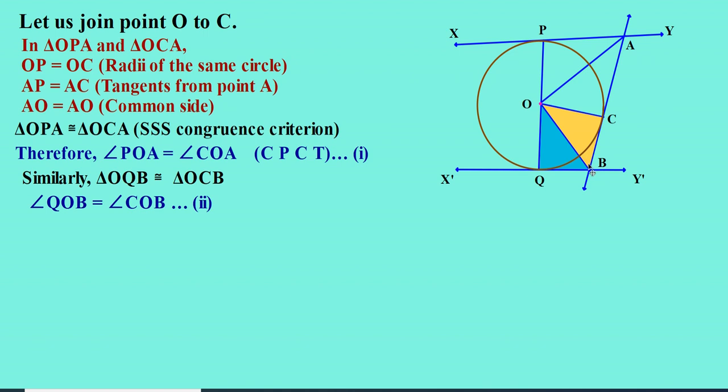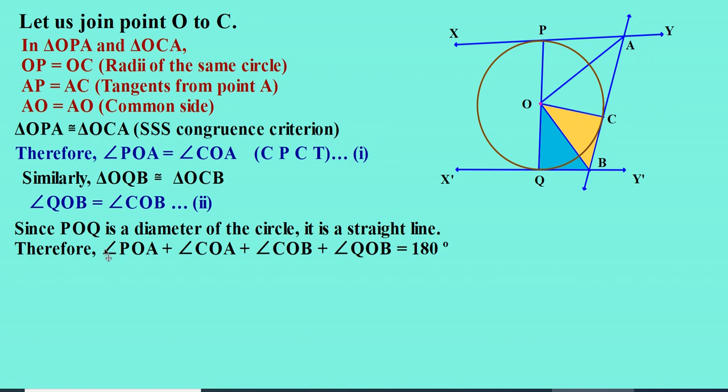So if you add all these angles, you will get 180 degree. Straight angle is 180 degree. So we can write, since POQ is a diameter of the circle, it is a straight line. Therefore, angle POA plus angle COA plus angle COB plus angle QOB is equal to 180 degree.